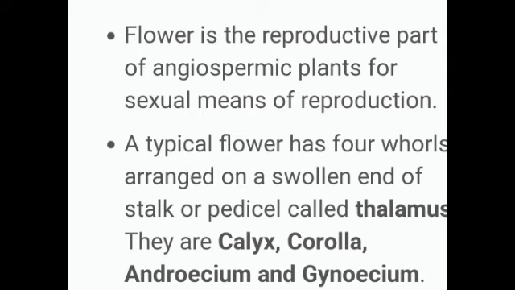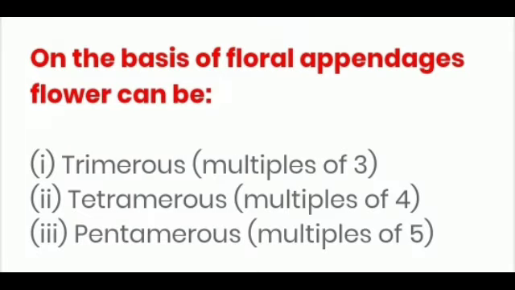Now, if we are talking about types of flowers, based on the number of floral appendages, there may be three types: trimerous, tetramerous or pentamerous. When the number of floral appendages is 3, 4 or 5, or their multiples, they are termed trimerous, tetramerous or pentamerous.